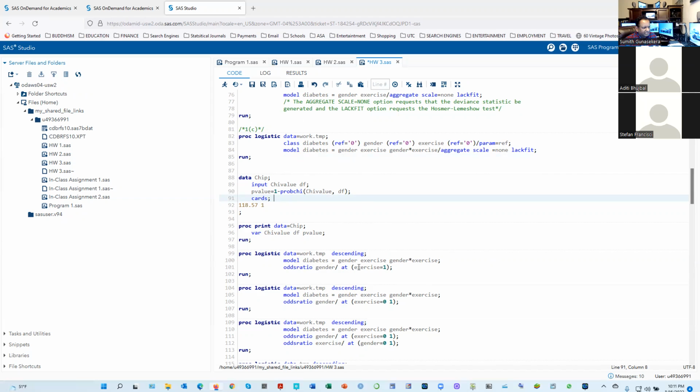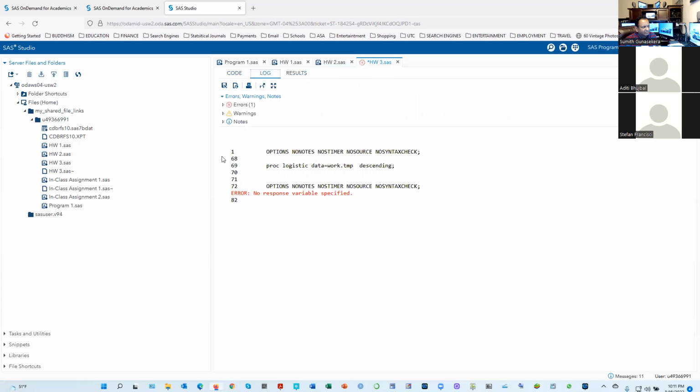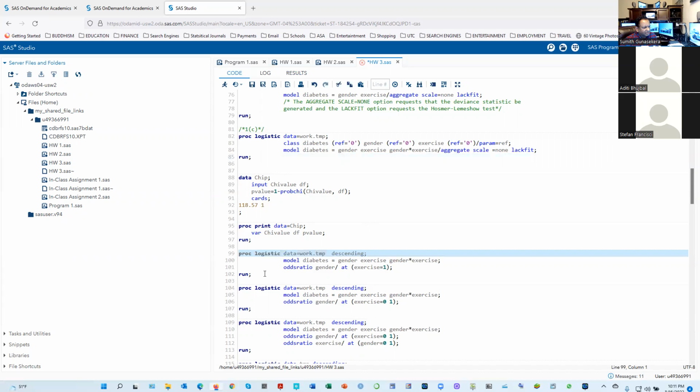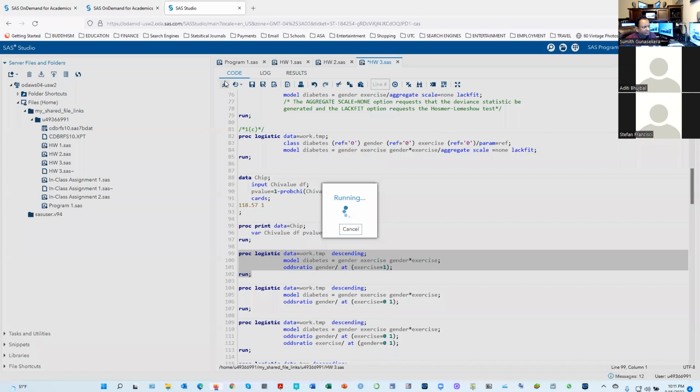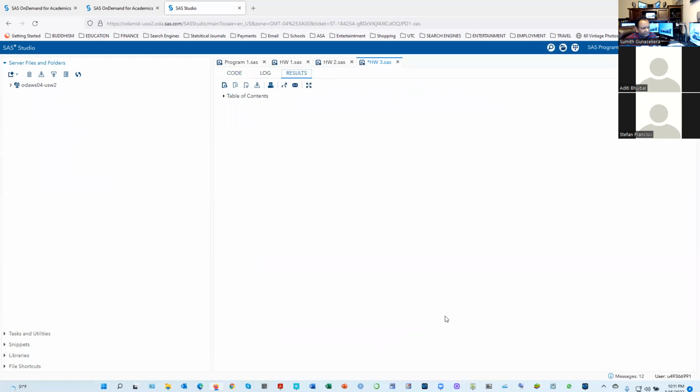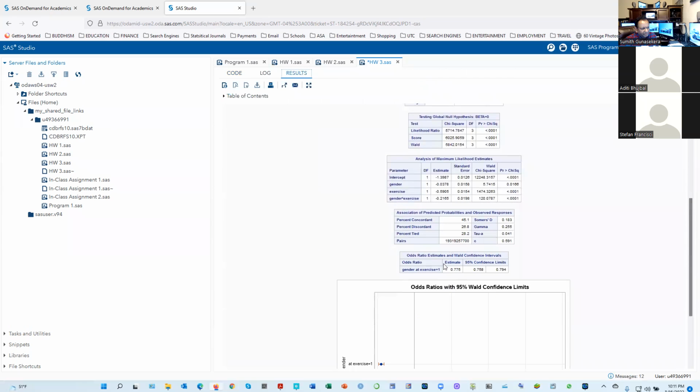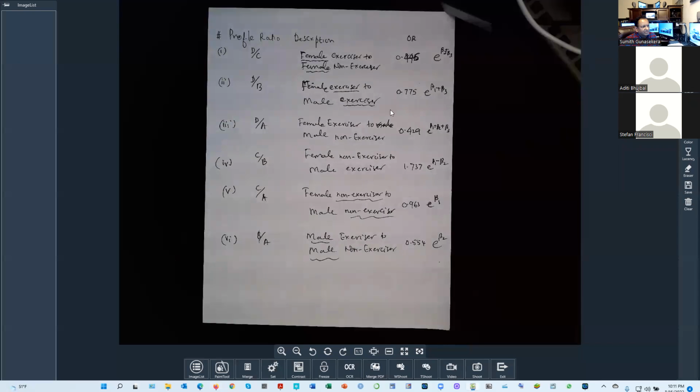The odds ratio gender at exercise 1 means female to male at exercise 1. So that should be 0.775. Did you have that one? 0.775. Exercise is fixed, that means exercise equals 1, female to male, 0.775 by hand.